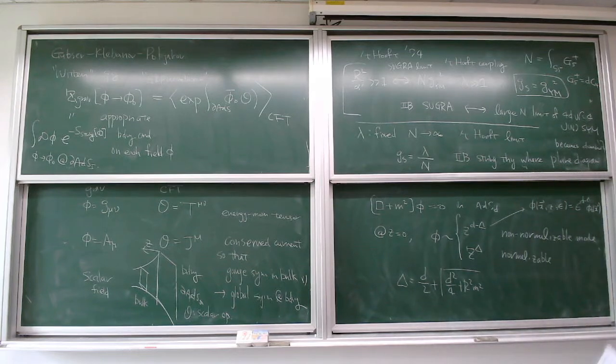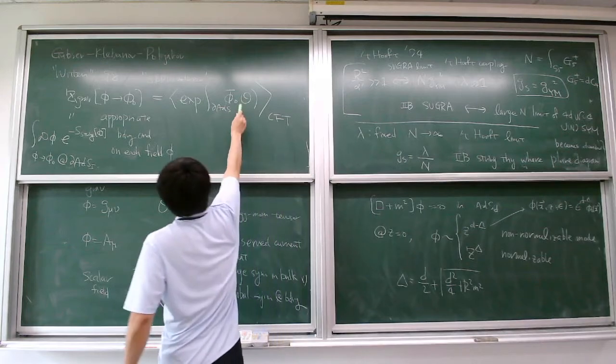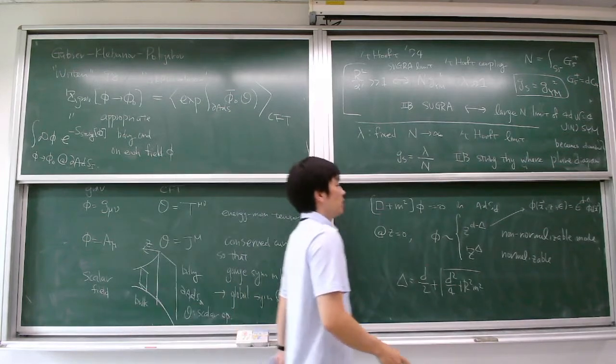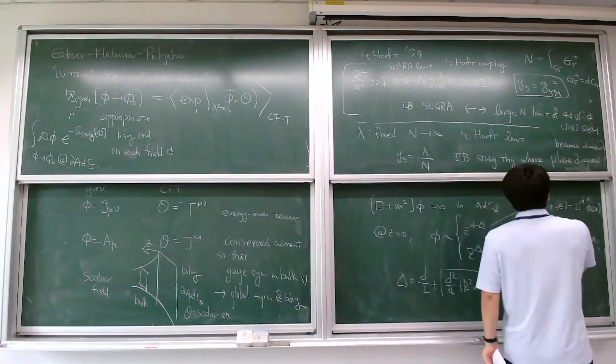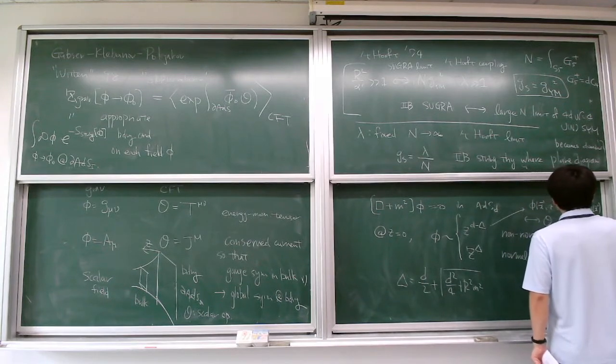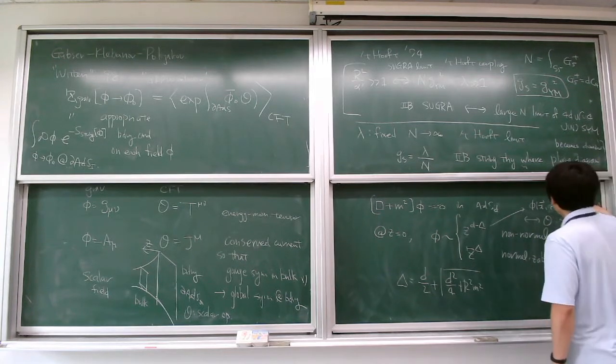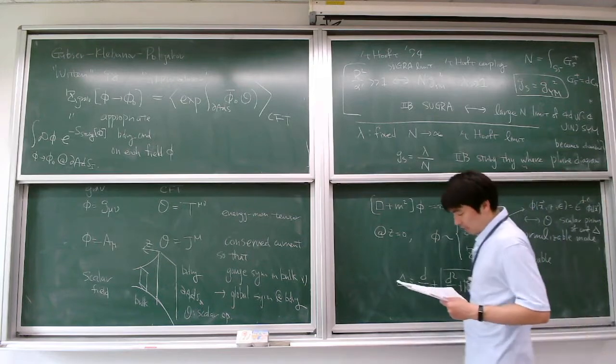Therefore, this strongly suggests that at the boundary, the dual operator in the CFT, O, should be a scalar primary of conformal dimension delta.